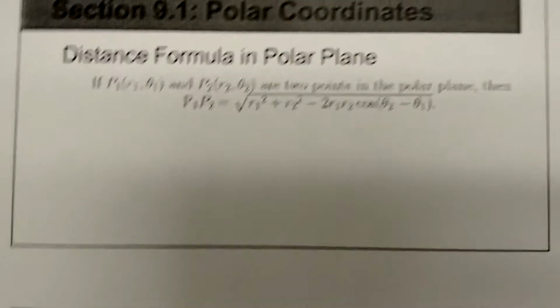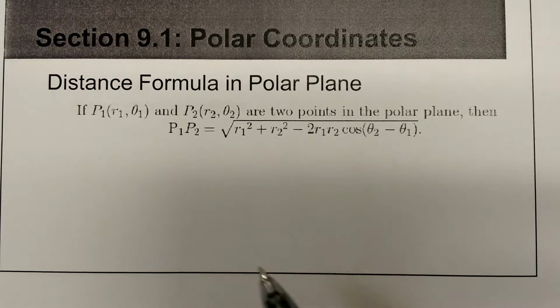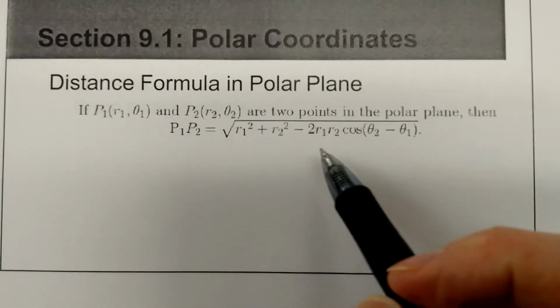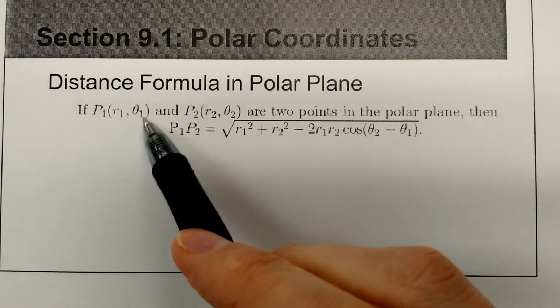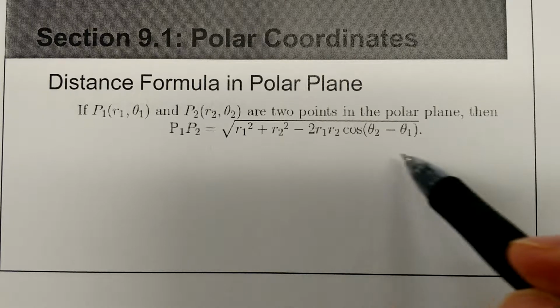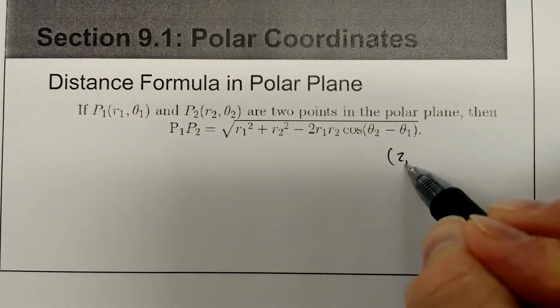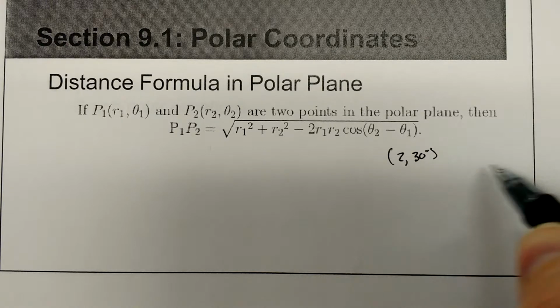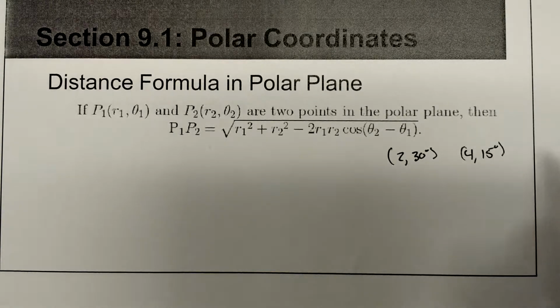Okay, the last one for this section, you've got the distance between 2 points. That's a little bit different than with Cartesian. So you have P1 that sits at R1 theta 1 and P2 that sits at R2 theta 2. Then here is your equation. I didn't really work an example, but we can make one up. So say you had 2 comma 30 degrees and 4 comma 15 degrees.